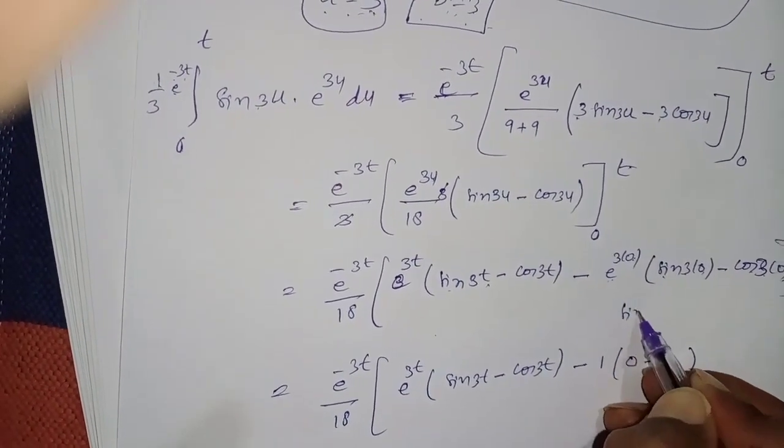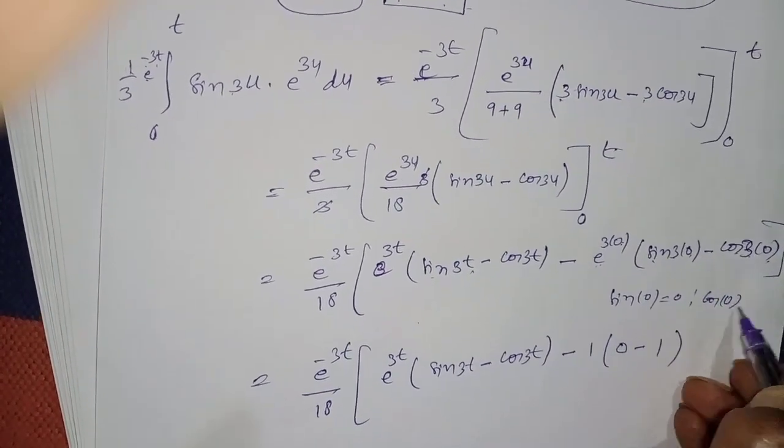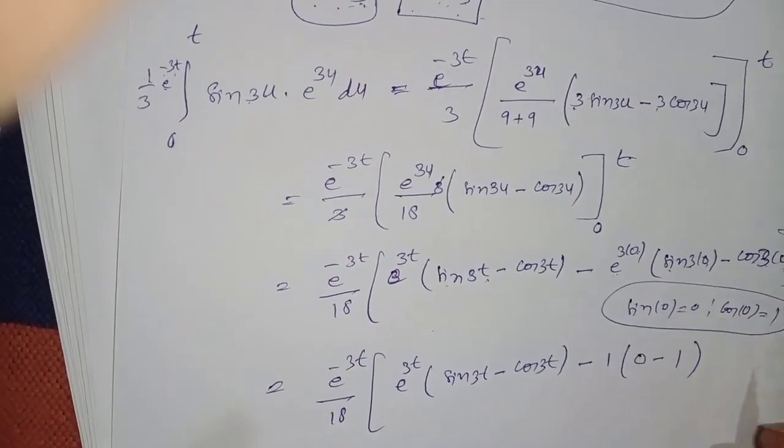We know that sine of 0 is equal to 0 and cos of 0 is equal to 1.